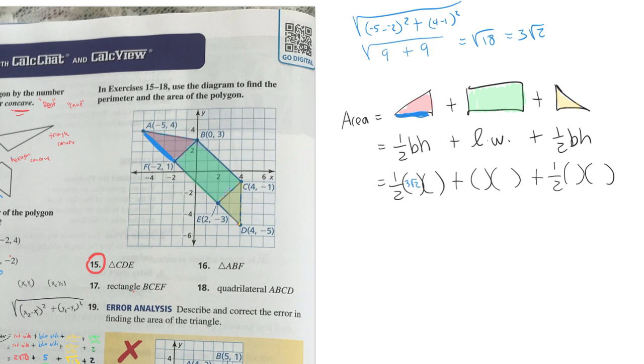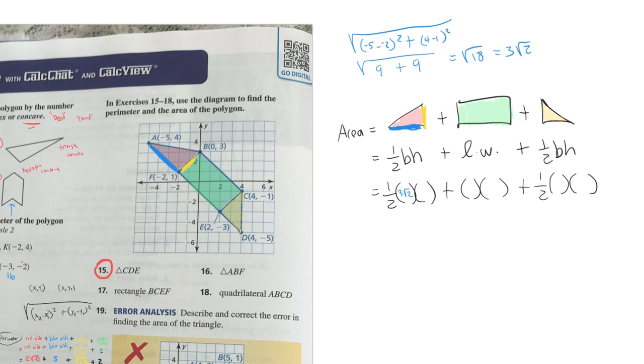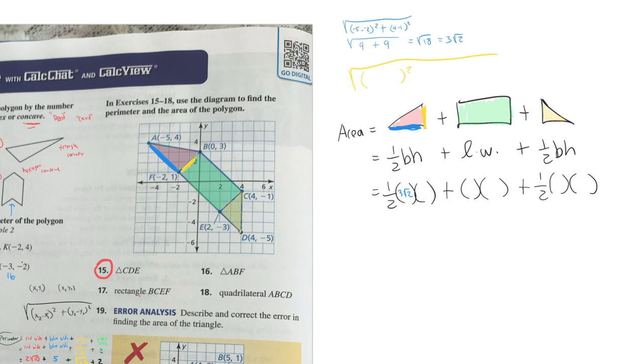Now if we want to find the height though, we'll call that the yellow height, which is right here. Well, that's going to be another distance formula situation. So let's kind of work that out. I'll just do 0 minus negative 2, and I'll do 3 minus 1.